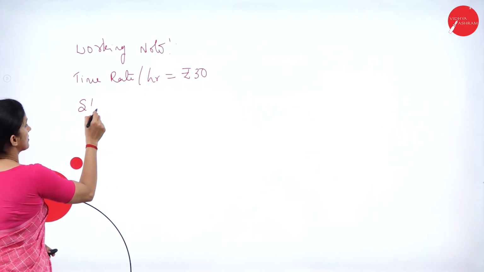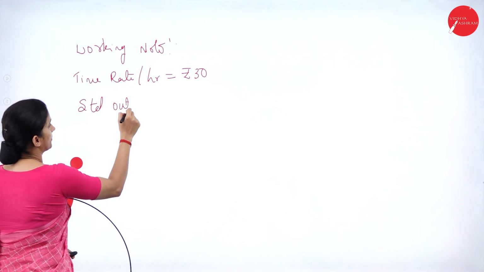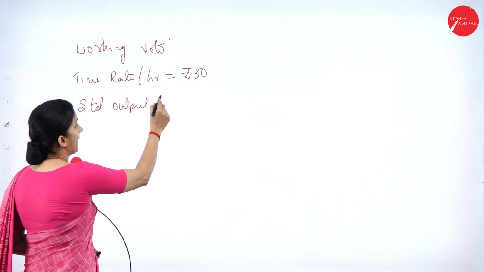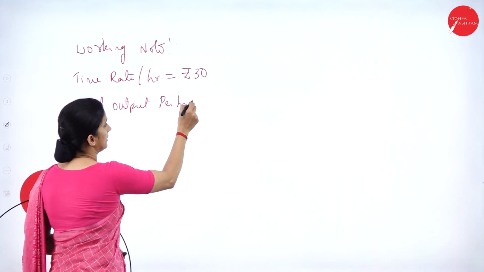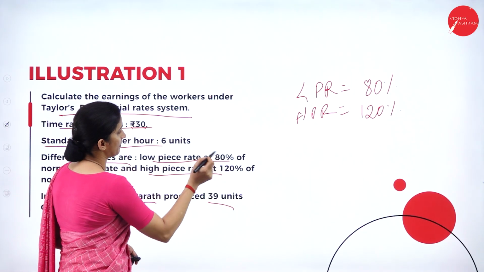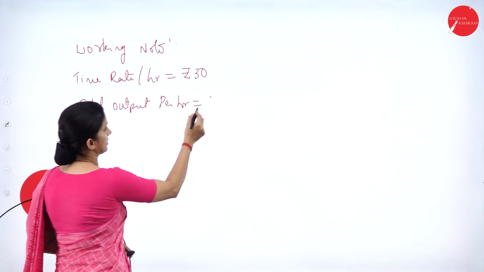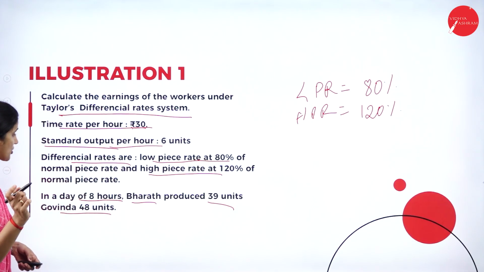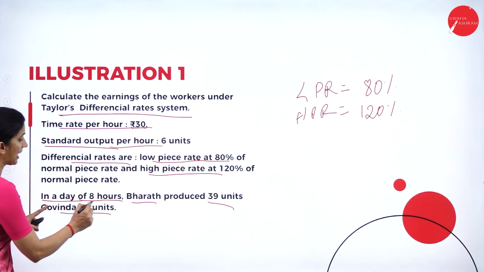So the standard output, or the standard production they need to produce per hour, is 6 units. In the question, we are asked to calculate for a day of 8 hours.